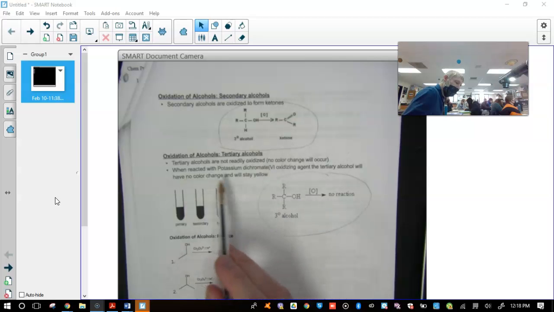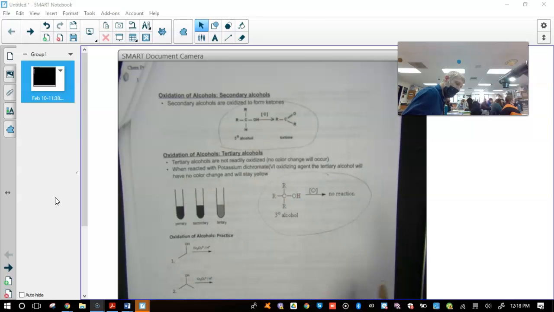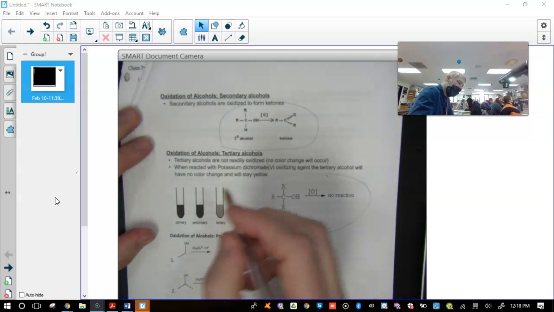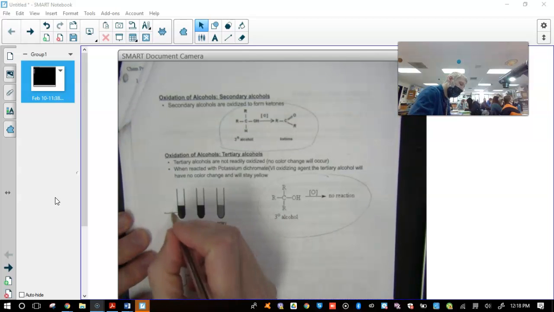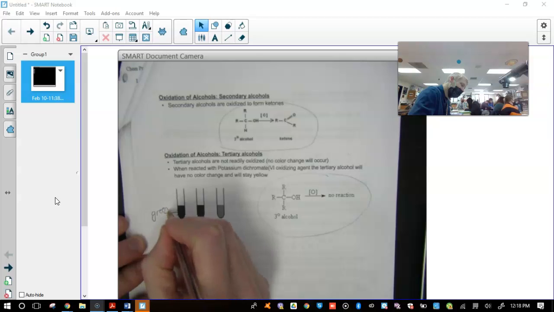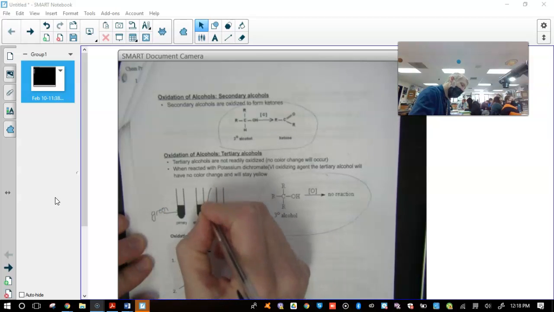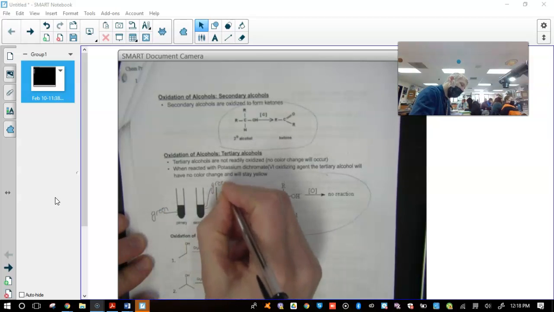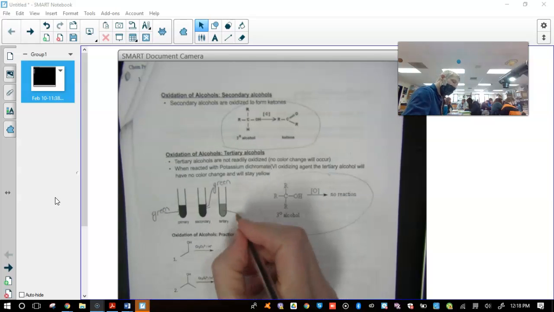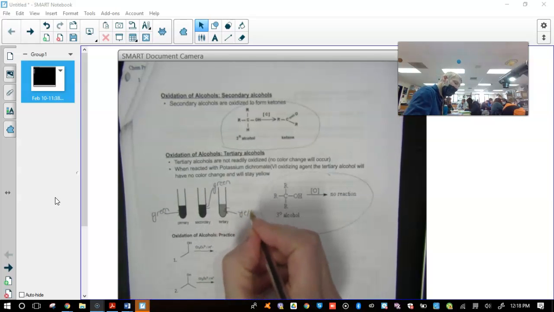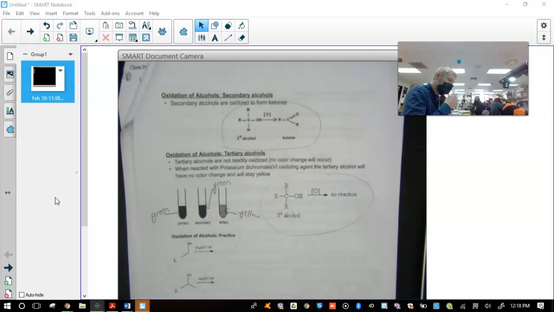Does it say on here? It doesn't say. Okay, so this color is green. That one's green too. Trouble with black and white, all right. And this is yellow.